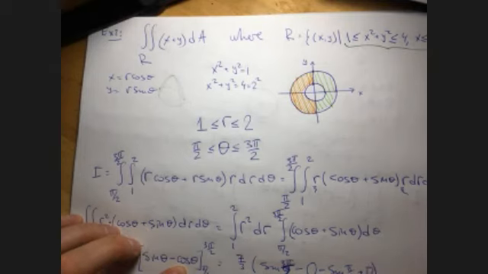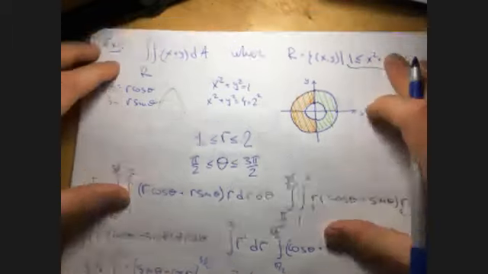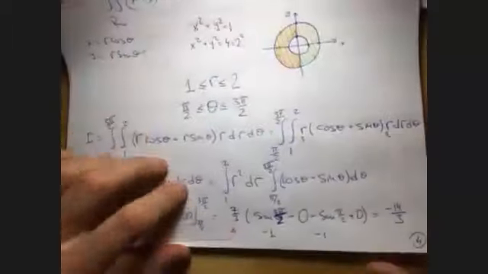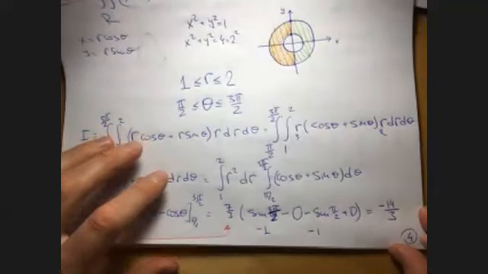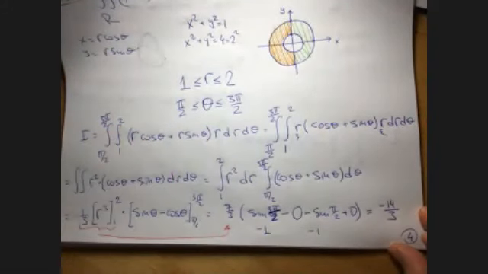So this is -1, and this here is -1. This whole parenthesis makes -2, so the answer is -14/3. Any questions?